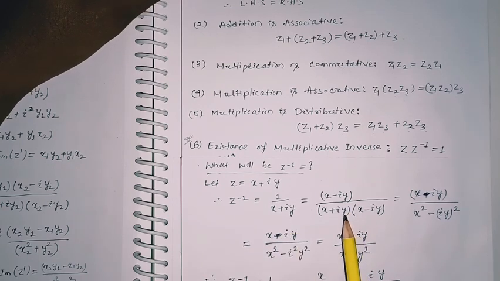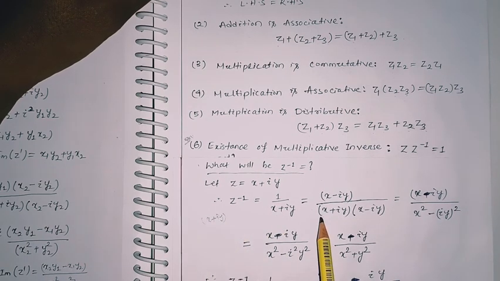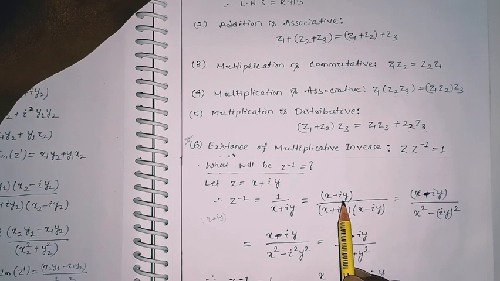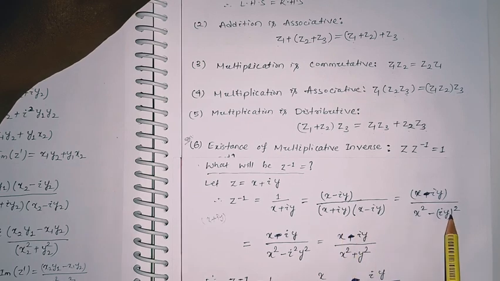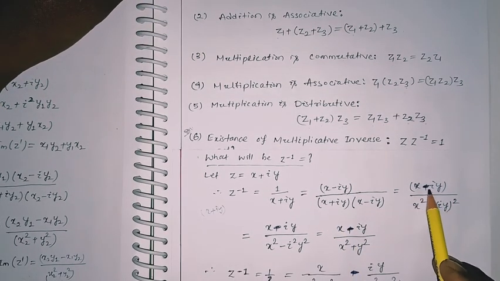To write this in the form of x plus iy, just multiply x minus iy in the numerator and denominator. In the denominator we find x square minus i square y square, and in the numerator we write x minus iy.